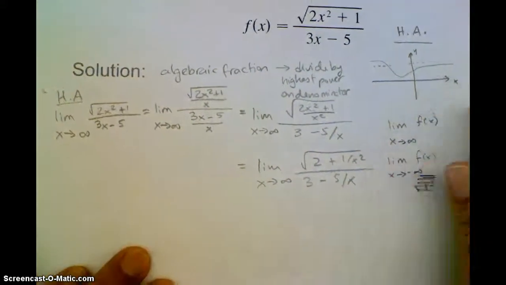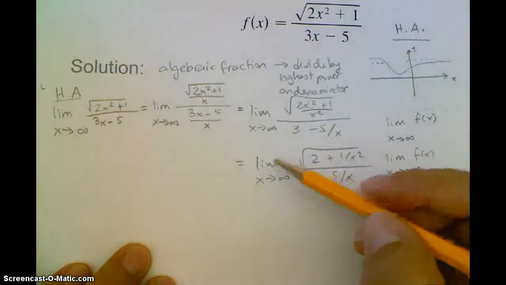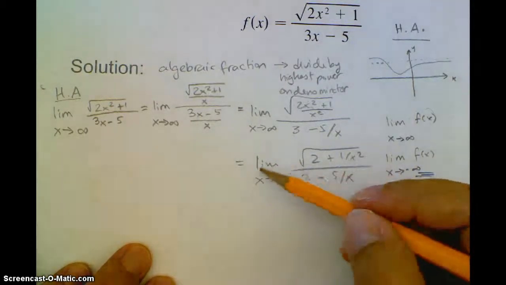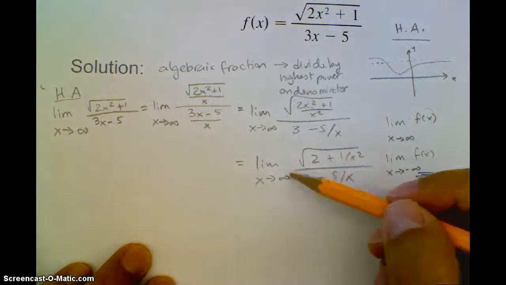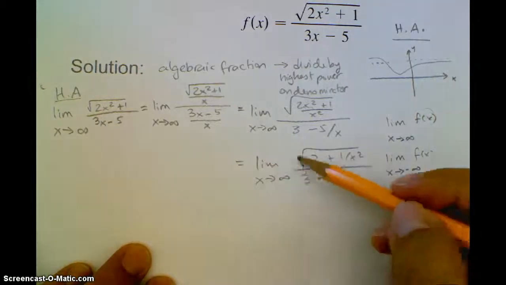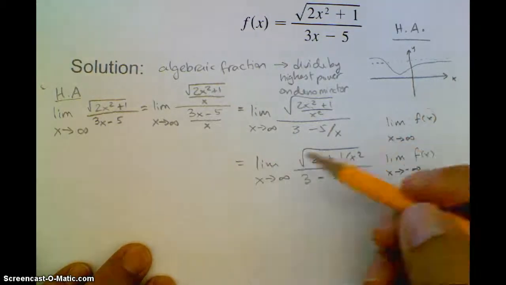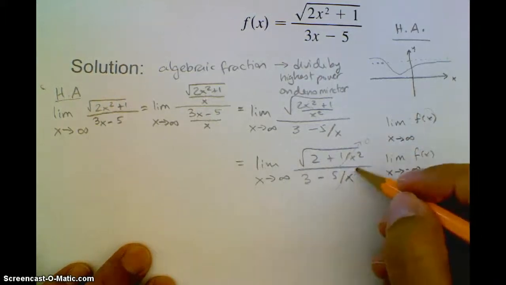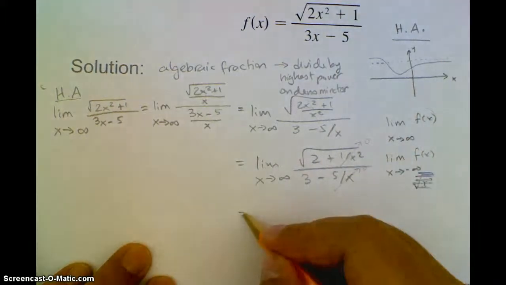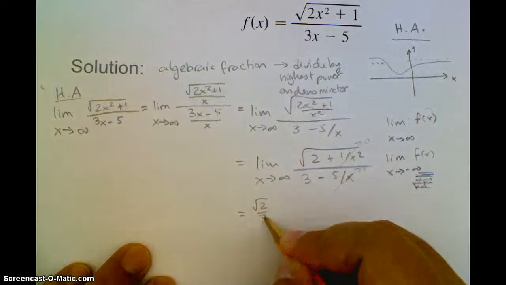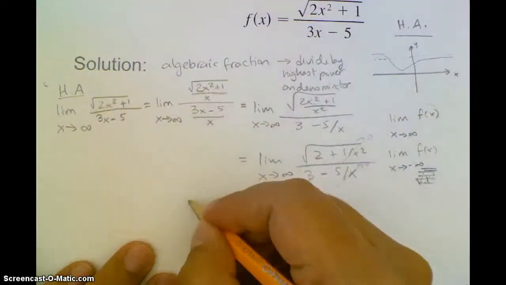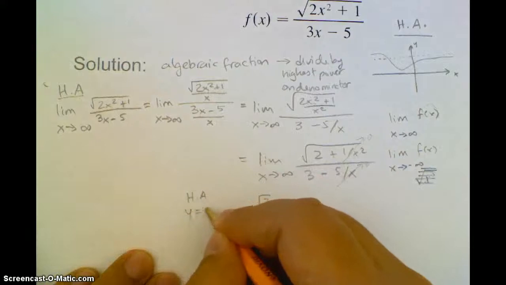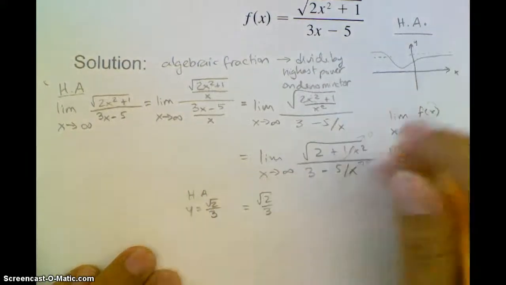So again, I can calculate the limit of a square root of some expression, because one of the properties of limits allows me to do that. The limit of a square root is the square root of the limit. So I know that this will be 0 from previous theorems, and this will be 0, so my answer here is rad 2 over 3. So that means that there is a horizontal asymptote at y equals rad 2 over 3.